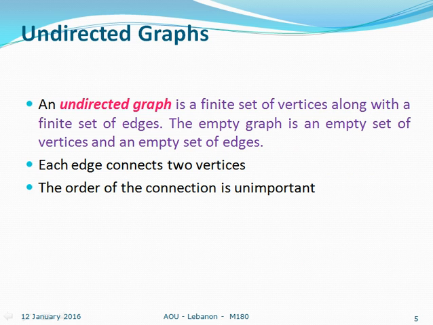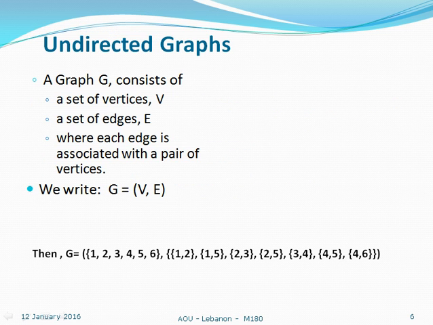It is a finite set of vertices along with a finite set of edges, whereas an empty graph has 0 vertices and 0 edges. In an undirected graph, each edge connects two vertices, and the order of the connection is unimportant because there is no direction from one vertex to another vertex.